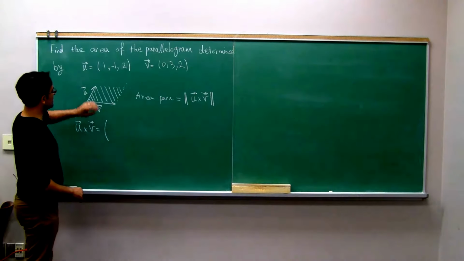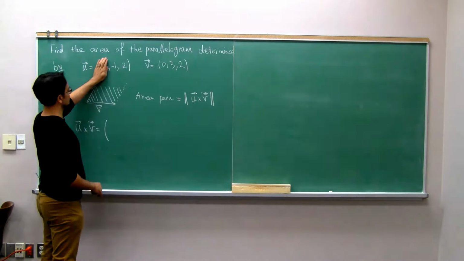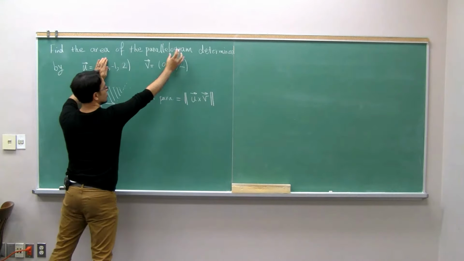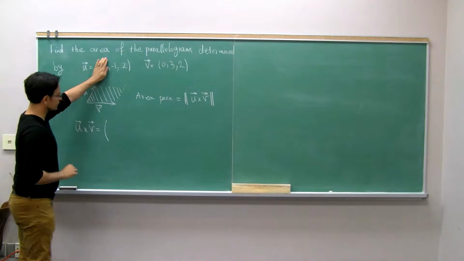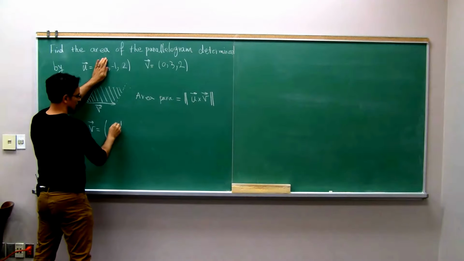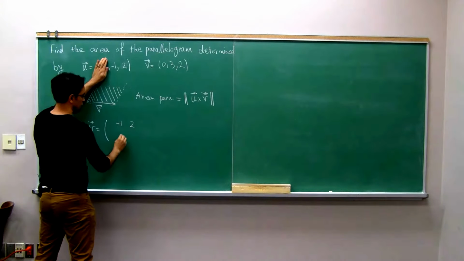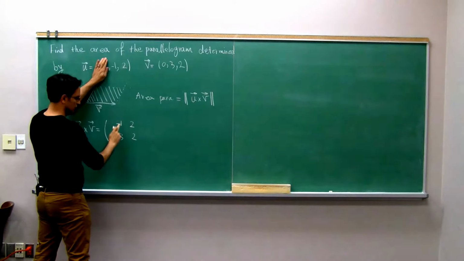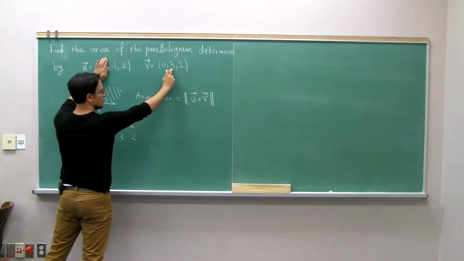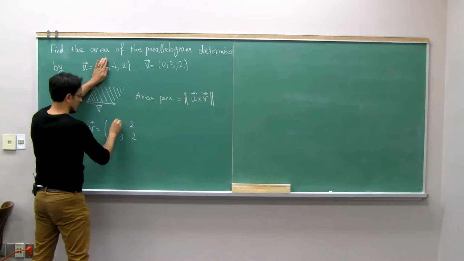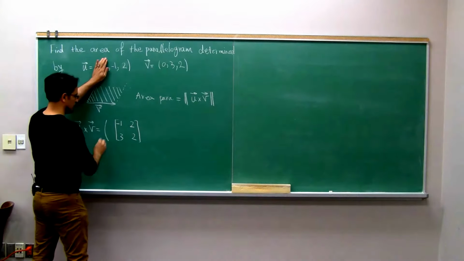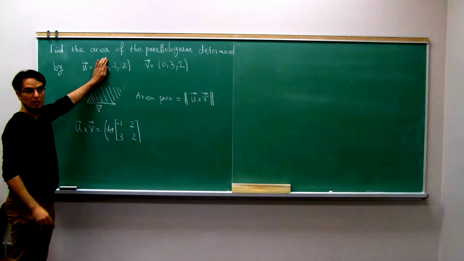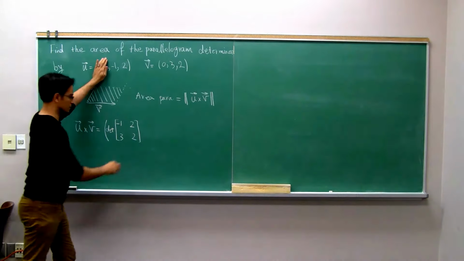First component: you cover the first component of u and the first component of v, and then if I put the remaining components up and down, I will get -1, 2 in the first row and 3, 2 in the second row. Then that's a 2 by 2 matrix. Find the determinant of that. That's the first component of the cross product.